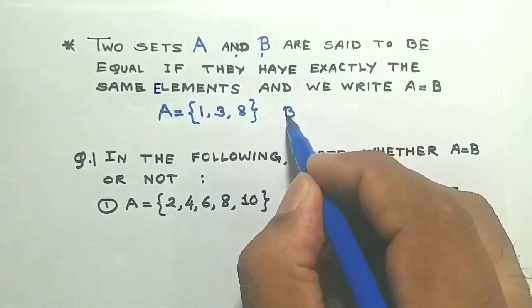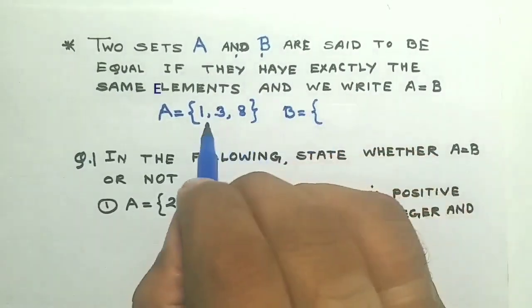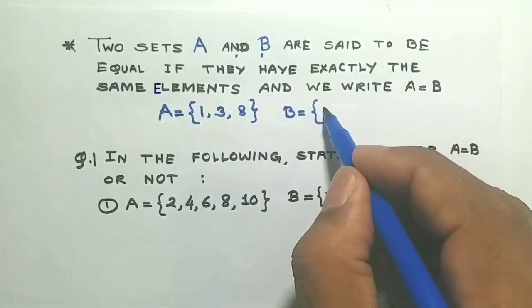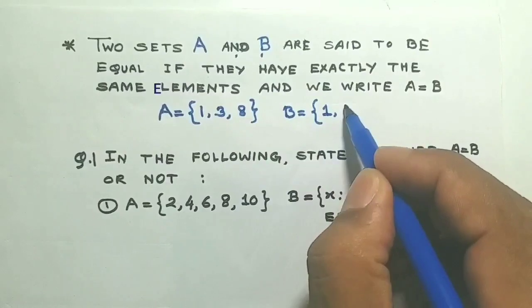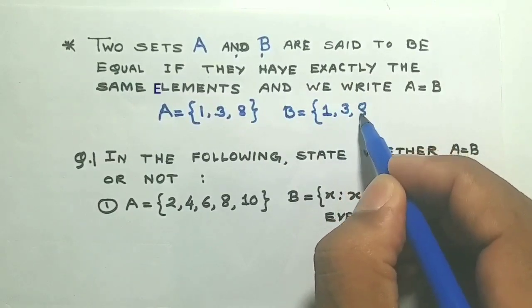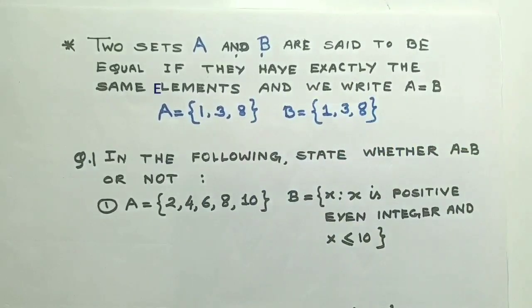Then for B we have to take the same elements we wrote in A: 1, 3, 8. Only then will they be equal.